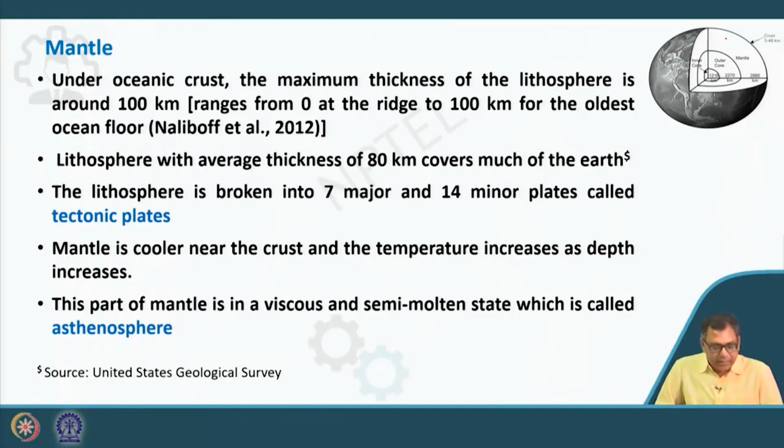In that way it is defined, so it is 7 major plates and 14 minor plates. And the mantle is cooler near the crust, and the temperature increases as depth increases. Because of that, the part of the mantle below the lithosphere, where the temperature is more than in the lithosphere, is in a viscous and semi-molten state, which is called the asthenosphere.